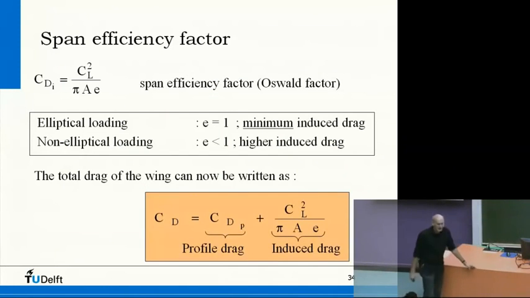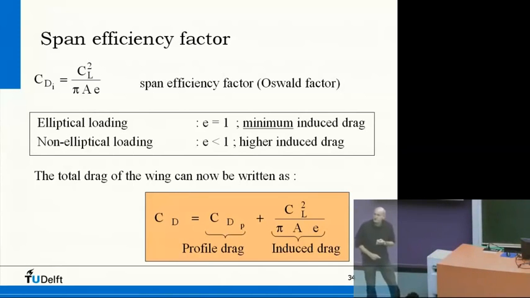Okay. Span efficiency factor. If we do not have an elliptical lift distribution on the wing, then we are off the lowest induced drag. And then we put here an e, the Oswald factor, which means the span efficiency factor.